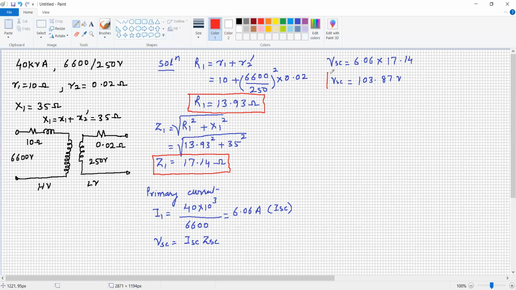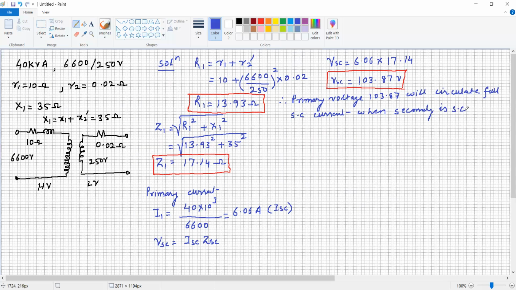So what is VSC? It is therefore the primary voltage, 103.87 volt, which will circulate the full load short circuit current when the secondary is short circuited.